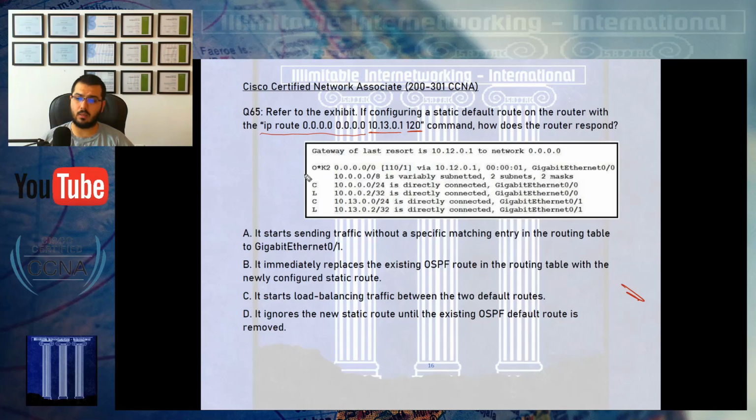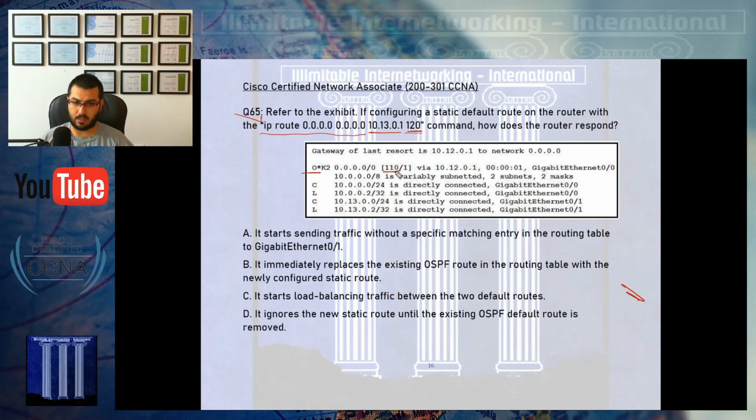So what do we have here? We have C and L, and there is an O, an OSPF. As long as there is an OSPF, OSPF will be used. And once the OSPF fails, once the gigabit Ethernet 0/0 fails, only then will a route with an AD of 120, which is higher than 110, be considered functional.